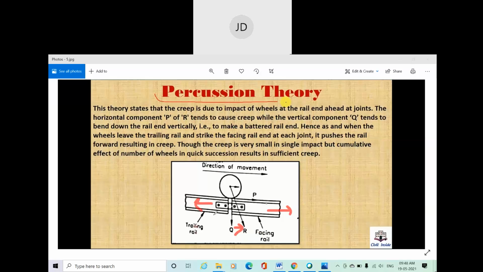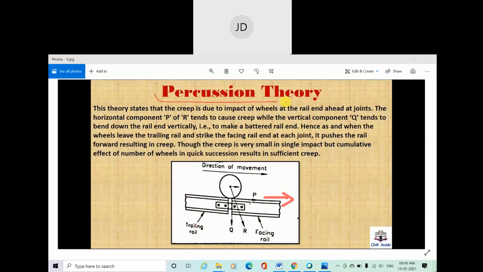In other words, with respect to the trailing rail, the leading rail moves forward from the joint part, with respect to the sleeper and the trailing rail.